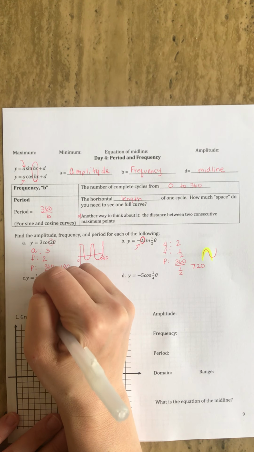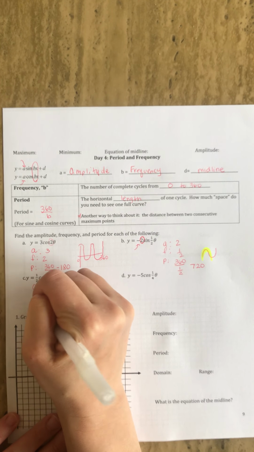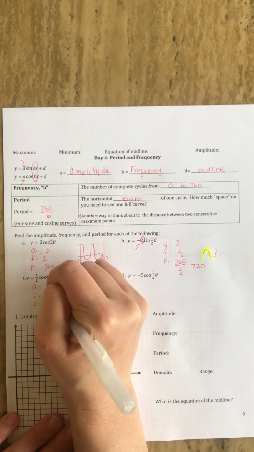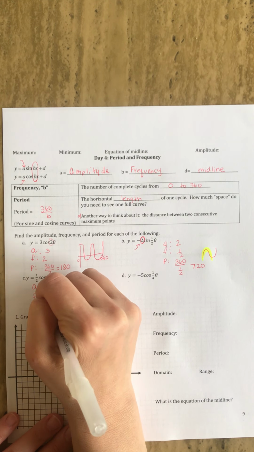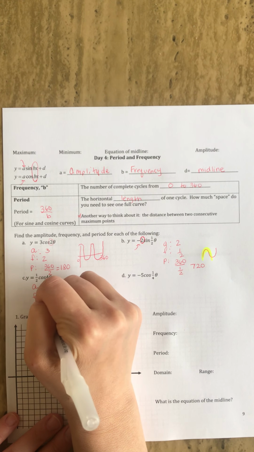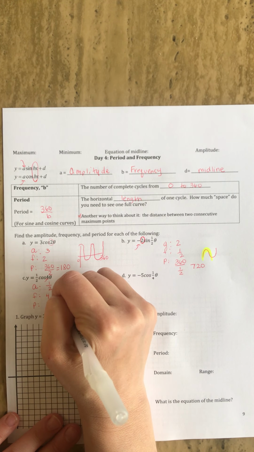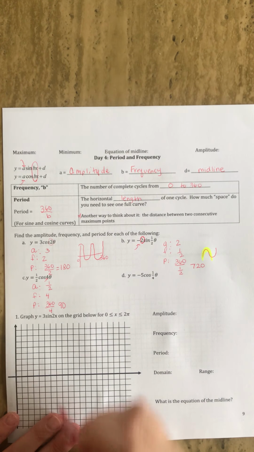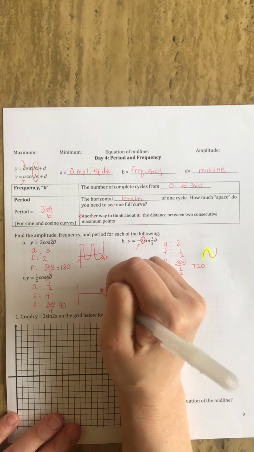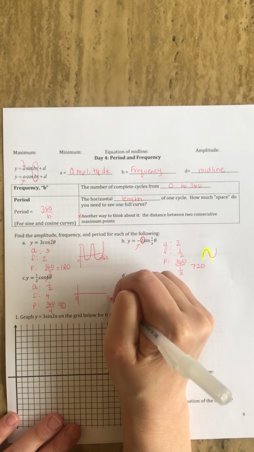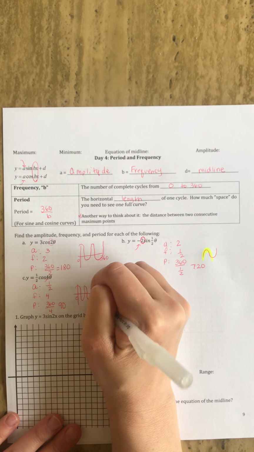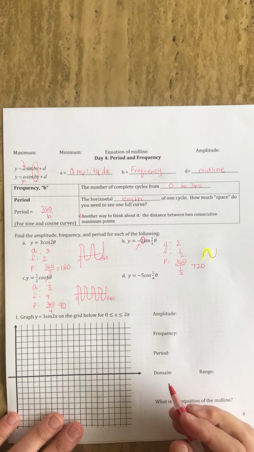Okay, we have C, we have the amplitude, the frequency, and the period. The amplitude is 1/2, the frequency is 4, the period is 360 divided by 4, and that would be 90. So again, a rough sketch of this: that means you would see 4 cycles from 0 to 360. 1, 2, 3, 4.